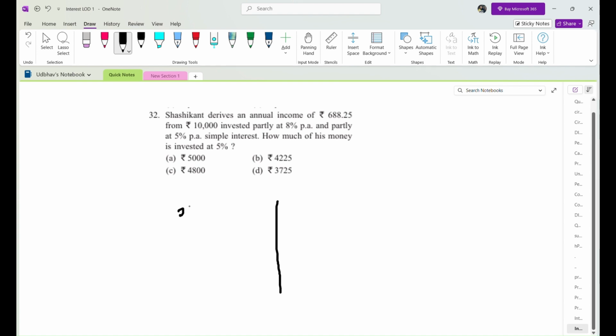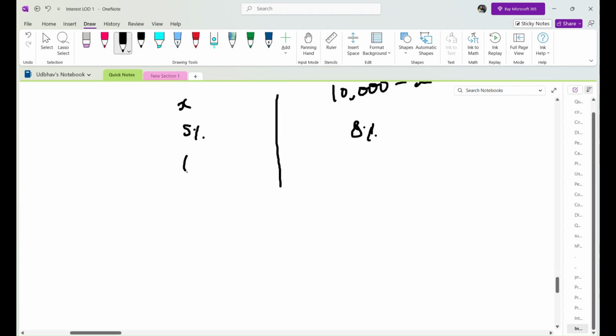Let's say one investment is for X rupees, another investment is of 10,000 minus X. The total annual income is 688.25. Here it is 5%, here it is 8%, and this is the annual income, so time is 1 year for both.